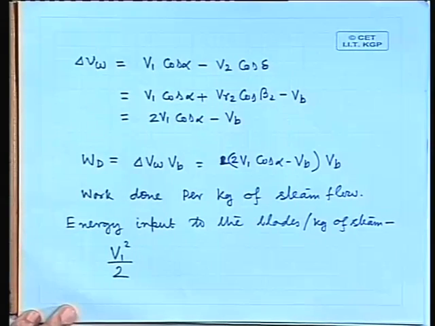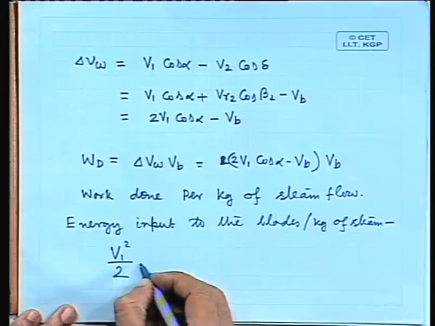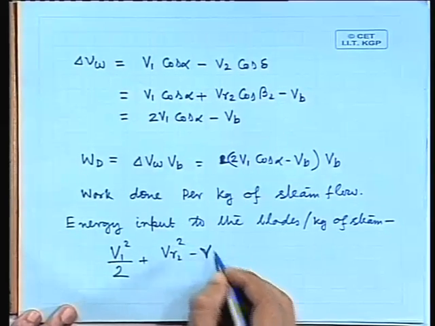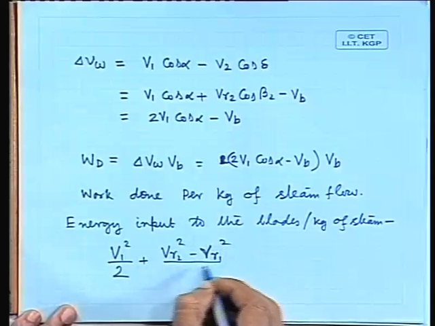Okay. But here the blade passage is such that some amount of velocity increase is there as there is expansion. So, we will have also increase in kinetic energy while the steam flows through the blade passage. So, basically we will have v1 square by 2, this is same as it was in impulse blading, plus we will have Vr2 square minus Vr1 square divided by 2.